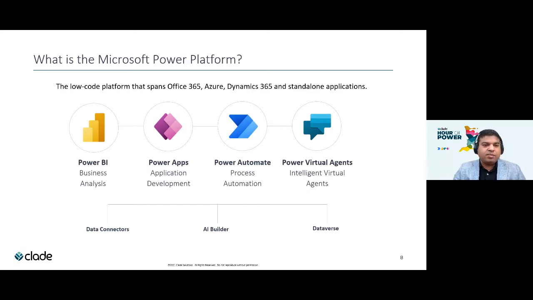solution. So Microsoft Power Platform is a platform where organizations can build enterprise-grade applications for their organization. And the main advantage of Power Platform is that every single solution, Power BI, Power Apps, Power Automate, Power Virtual Agents, you can use to build applications via low code or no code configuration.